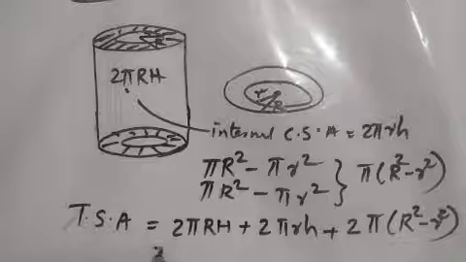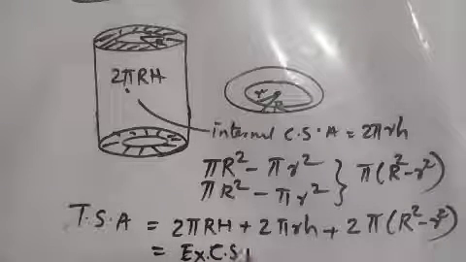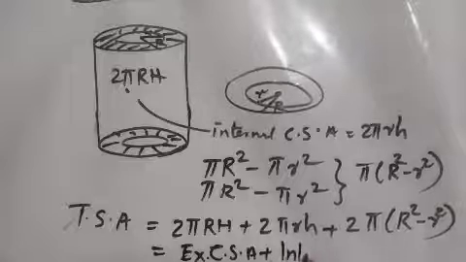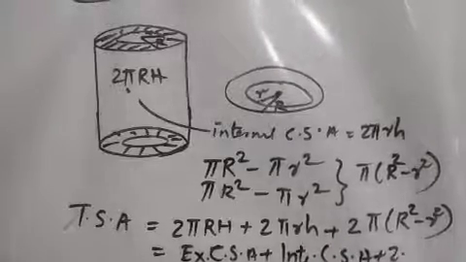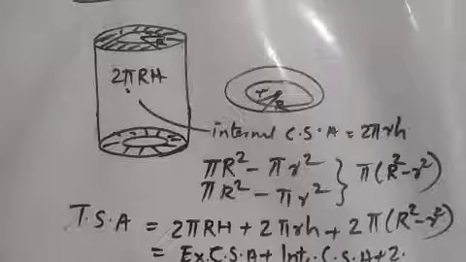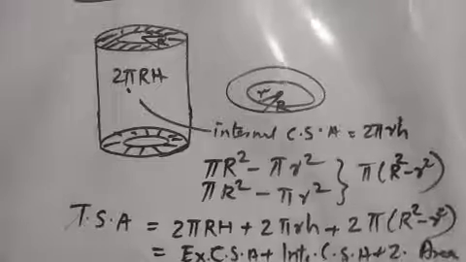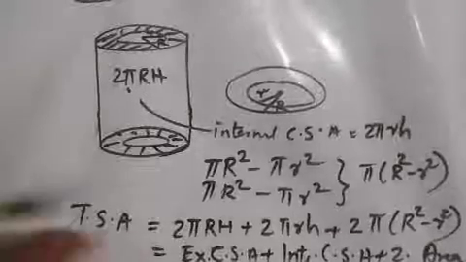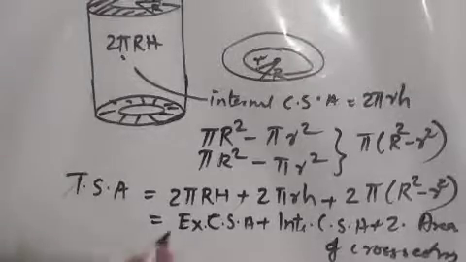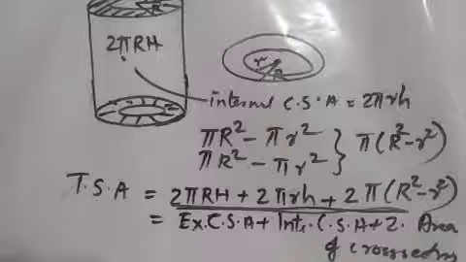Understood? TSA is the sum of external curved surface area plus internal curved surface area plus 2 times the base area, that is, 2 times area of cross section. So this is the equation to find the total surface area of a hollow cylinder.